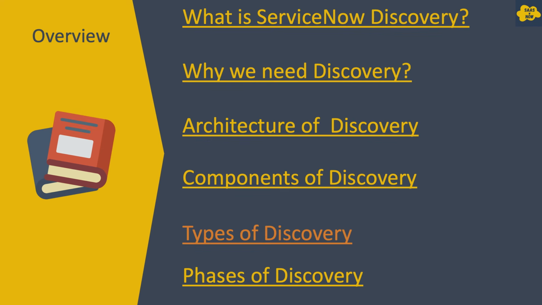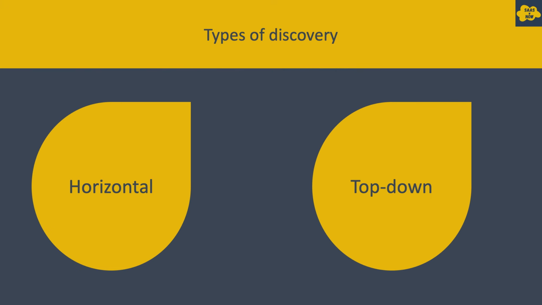Next topic of this section is types of discovery. There are two types of discovery: horizontal discovery and top-down discovery. Horizontal discovery is a technique that discovery uses to scan your network, find computers and devices, and then populate that data into CMDB.